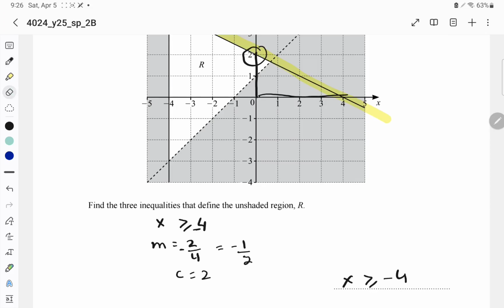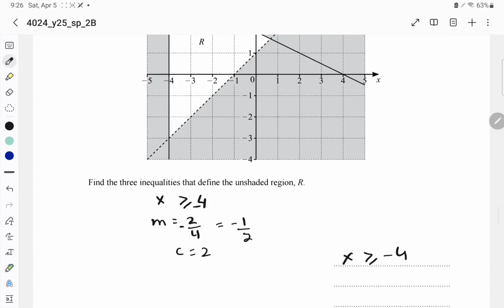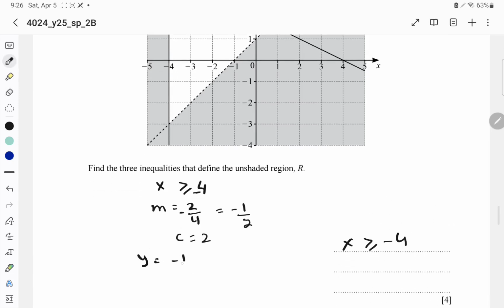Or if you don't understand rise over run, you can take the coordinates 0, 2 and 4, 0. If you do y2 minus y1 upon x2 minus x1, you get minus 2 over 4, that is also minus half. So either you do it by rise over run, or by this way you can get the same thing. So y is equal to minus half x plus 2.